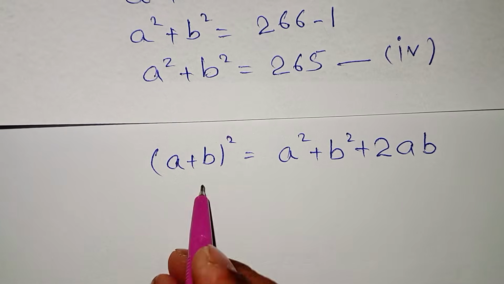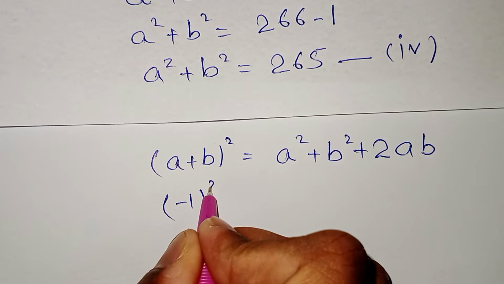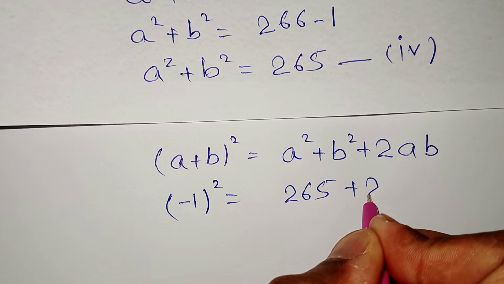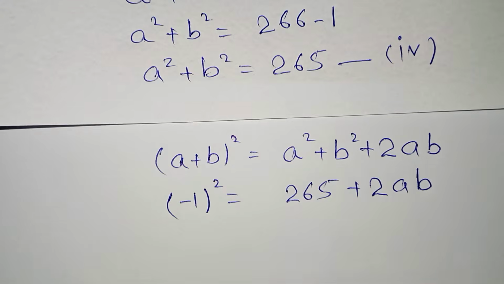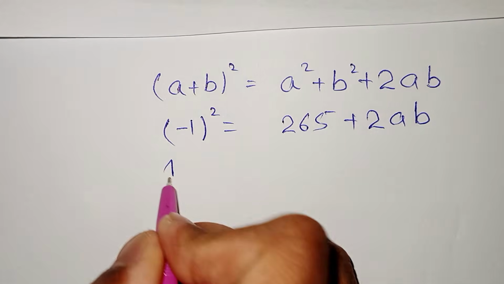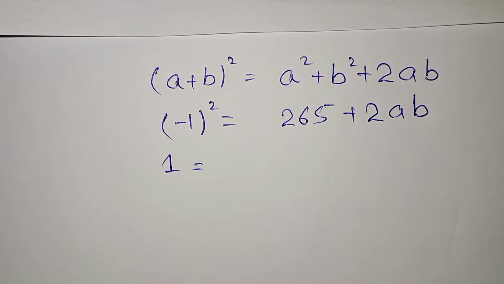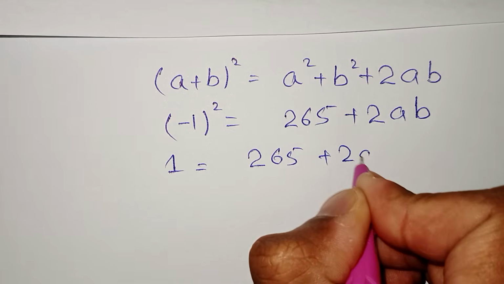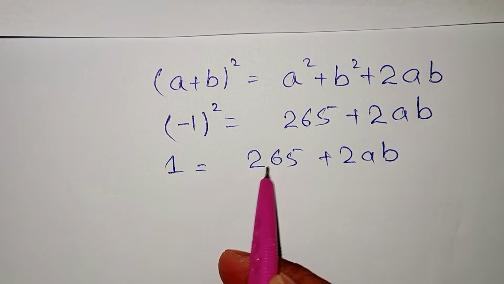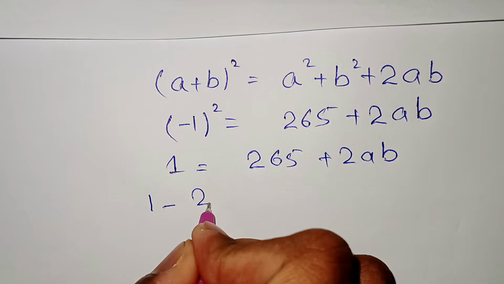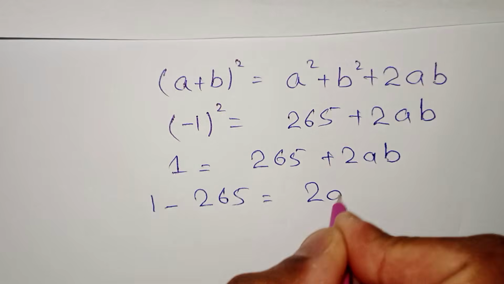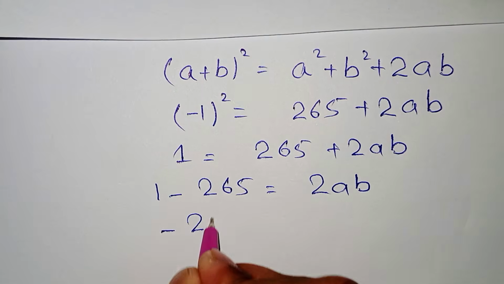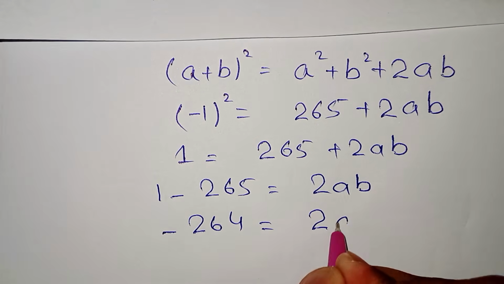We will put these values here: (−1)² = 265 + 2ab, so 1 = 265 + 2ab. We will take 265 to the left side: 1 − 265 = 2ab. This is −264 = 2ab.